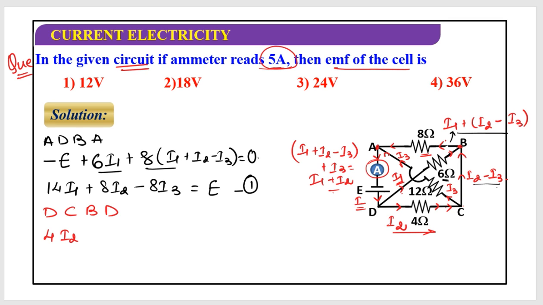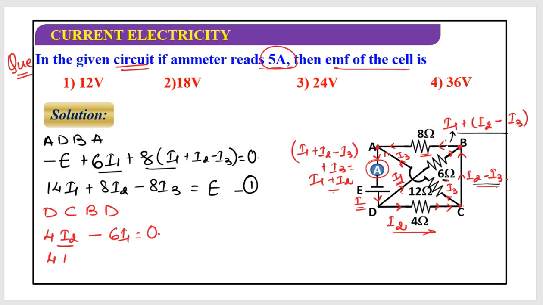Then from C to B it is I2 minus I3, but nothing to be written. And from B to D it's a 6 ohm resistance and minus I1 because we are moving in the opposite direction. So this is 4 I2 minus 6 I1, that should be equal to 0.